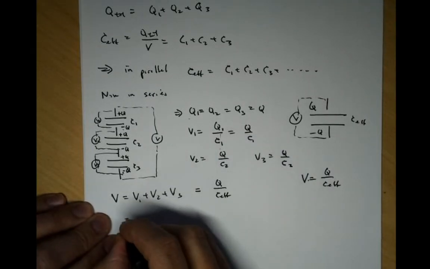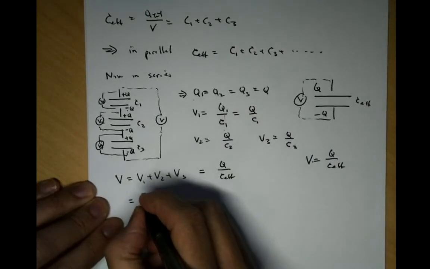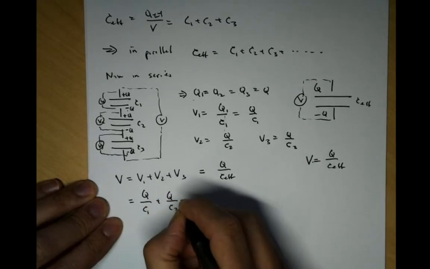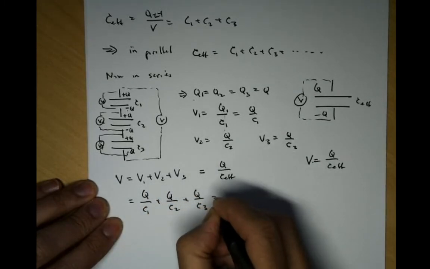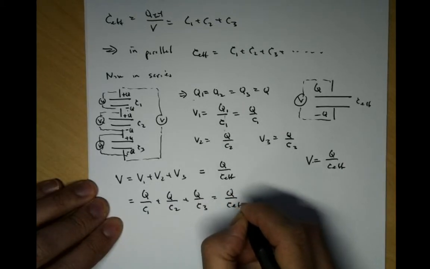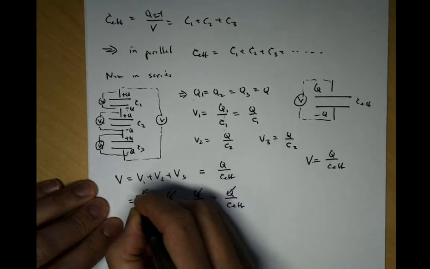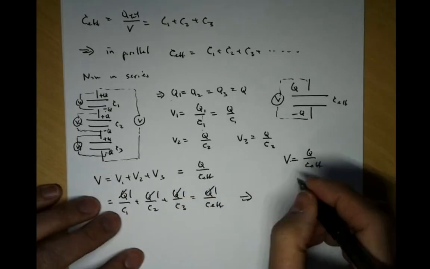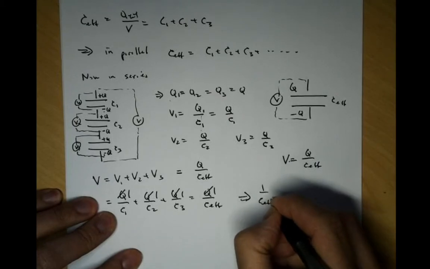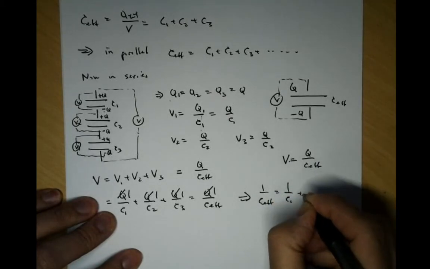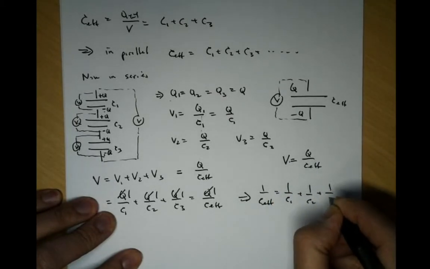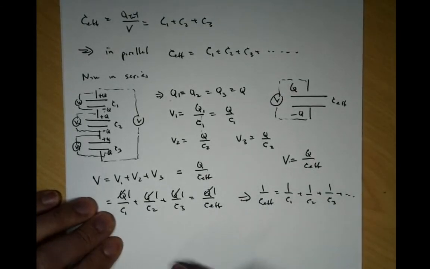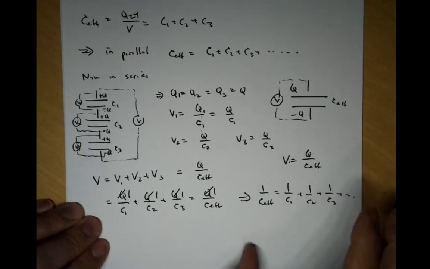So it's going to equal Q over C1, plus Q over C2, plus Q over C3, equals Q over C effective. Now these things cancel, become 1s. And so you get 1 over C effective is equal to 1 over C1 plus 1 over C2 plus 1 over C3, plus dot dot dot in principle if you wire more of these things in series.